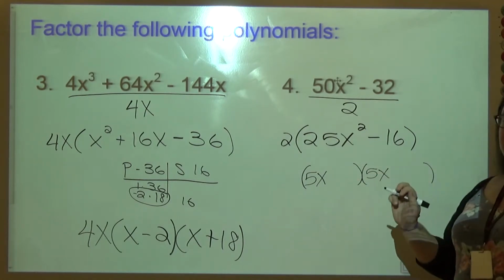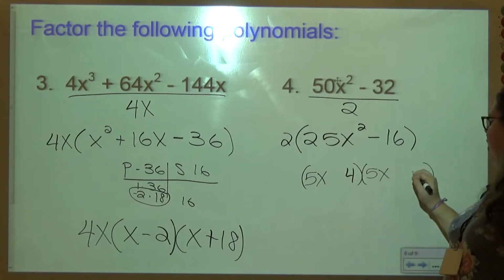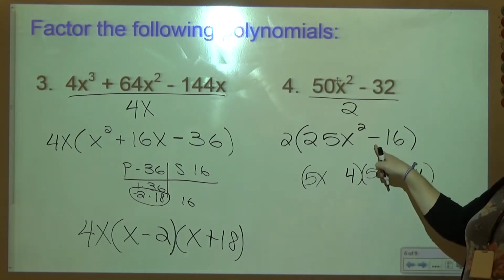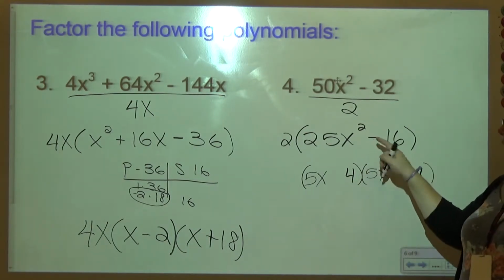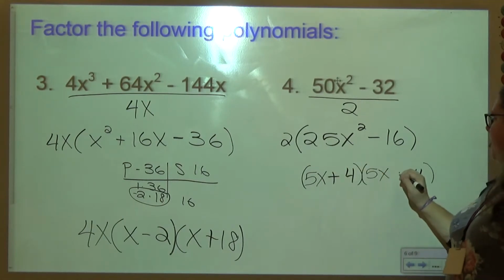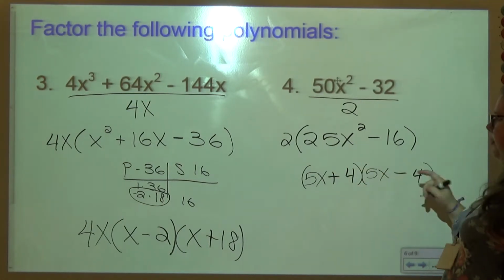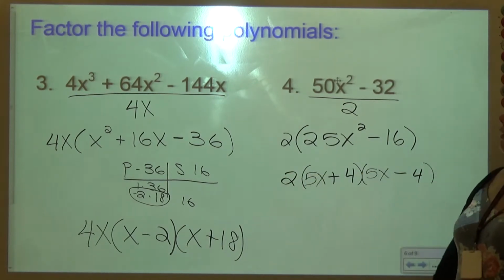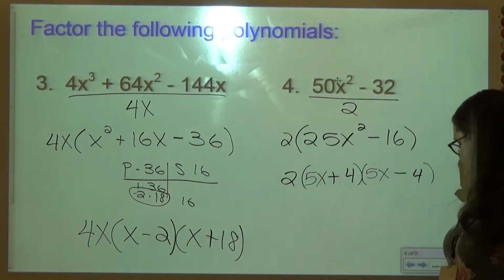What's the square root of 16? 4. 4 times 4 is 16. To have that minus and that middle term cancel, they have to have opposite signs. One's a plus, one's a minus. And don't forget to put that 2 in front. And we're done.